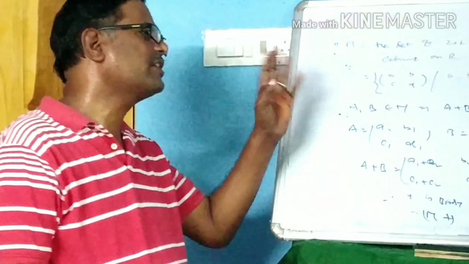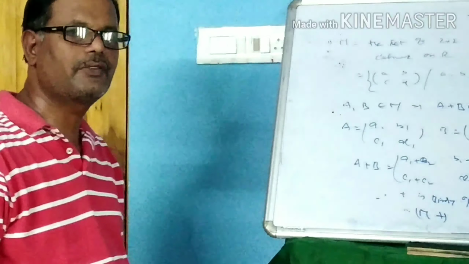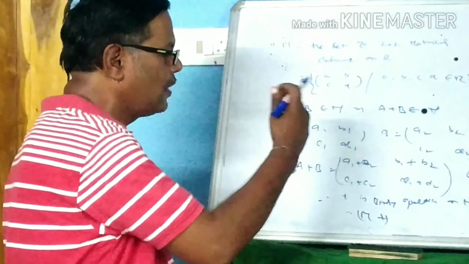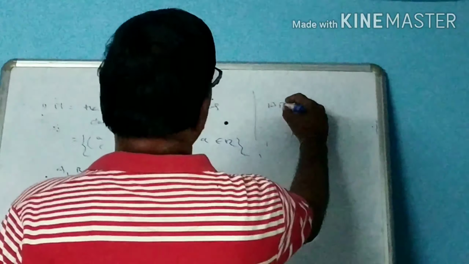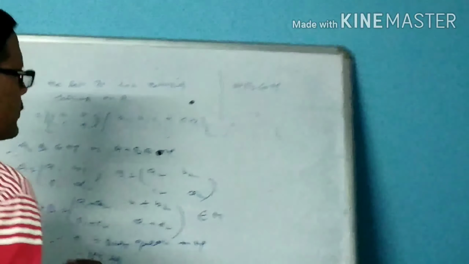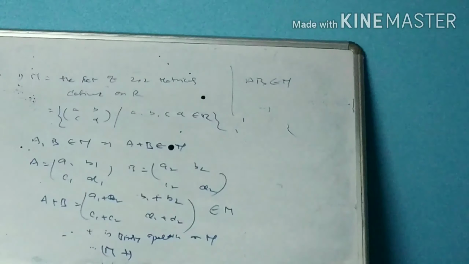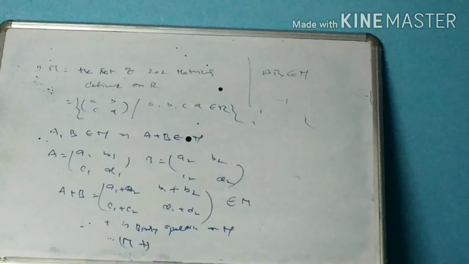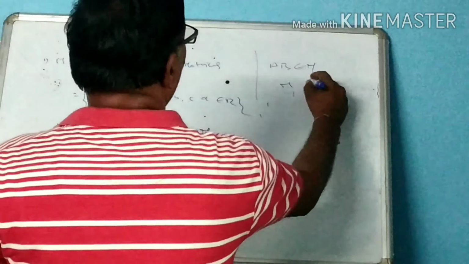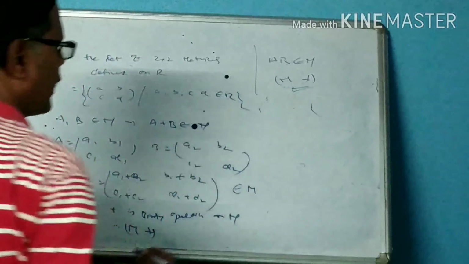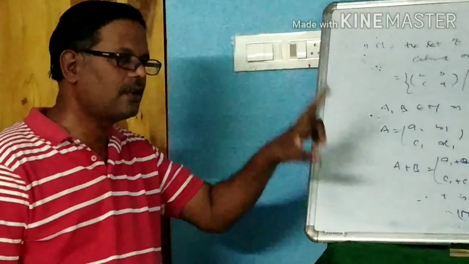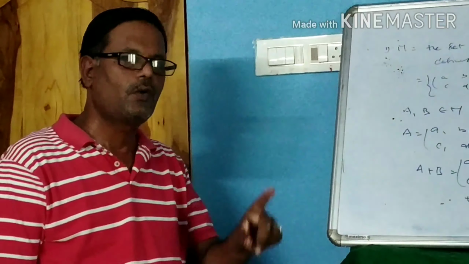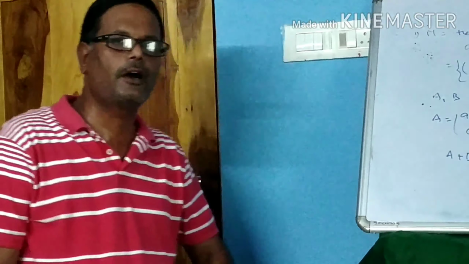Similarly, multiplication of matrices is also an algebraic structure. In this way, the product AB of matrices also belongs to M. Therefore, (M, cross) is also known as an algebraic structure. Algebraic structure means a non-empty set equipped with one or more binary operations.